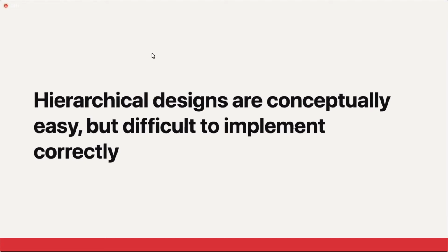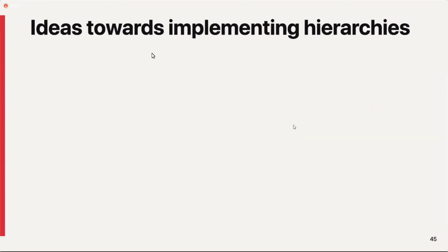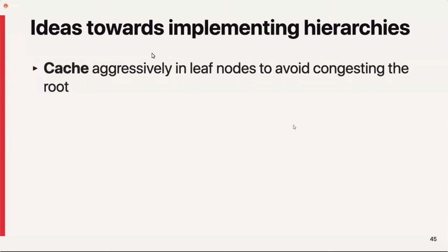If we want to implement a hierarchical design, even with just 3 different hierarchies, there are many things that we must do. It is actually very sophisticated and very complex to implement. At a very high level, one example is caching.